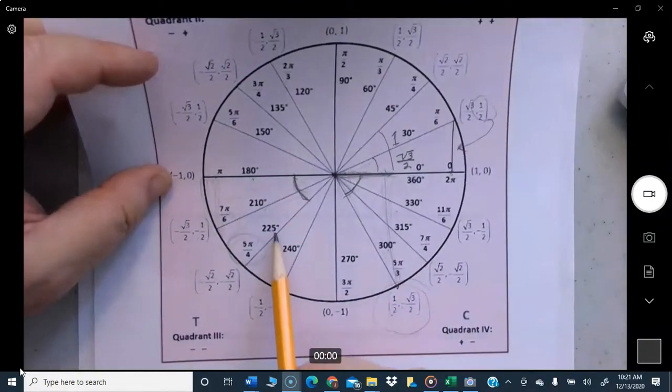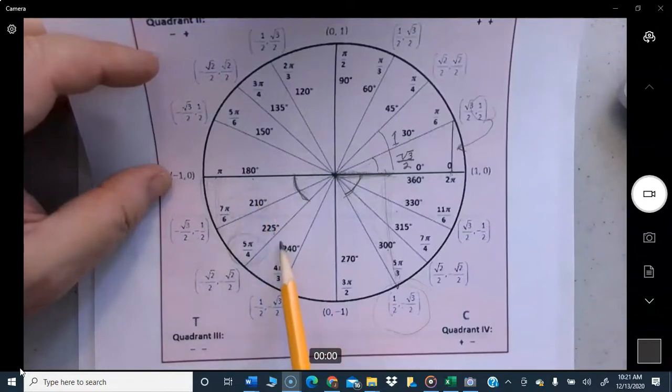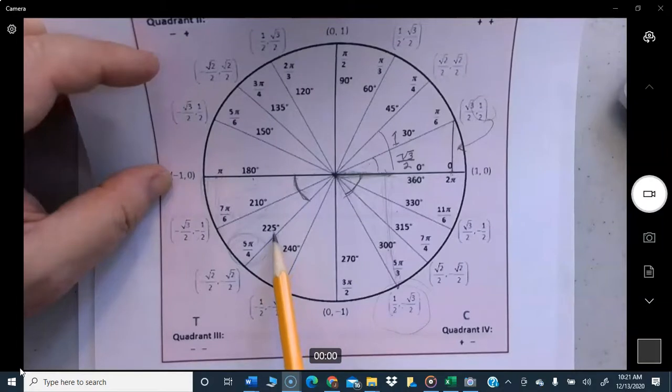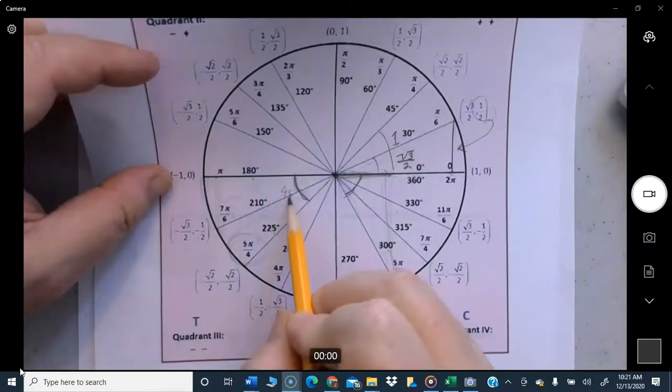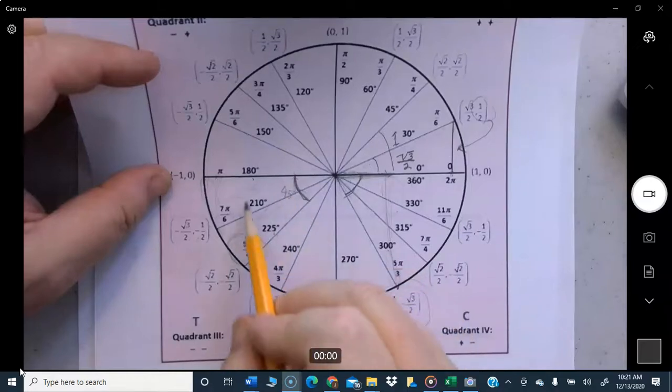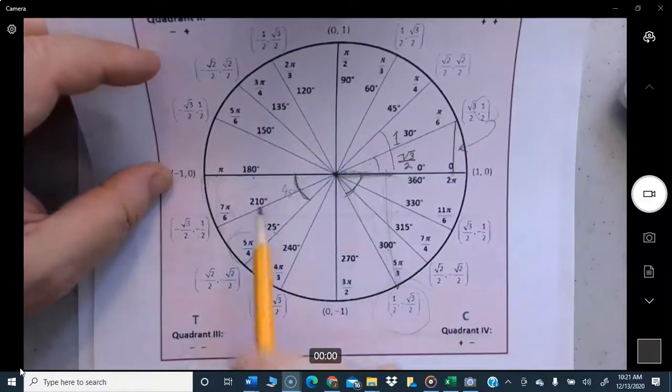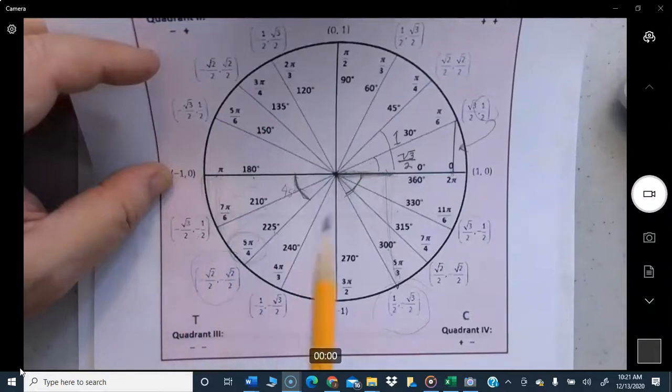So just what's the difference between those two numbers on your calculator? Again, you always want a positive angle. And if you do that on your calculator, 225 minus 180, you get 45. It's 45 degrees. Okay. Of course, it doesn't really matter. You're given the coordinates here anyway. You don't really have to do any calculations of sines and cosines on your calculator for this particular assignment.